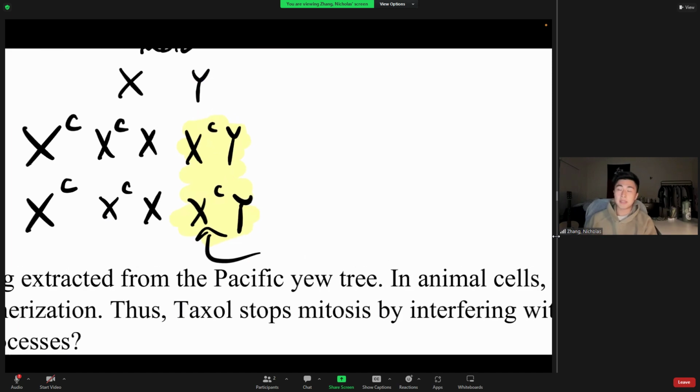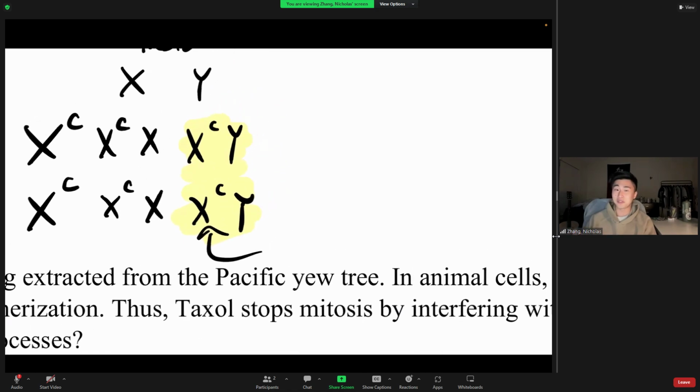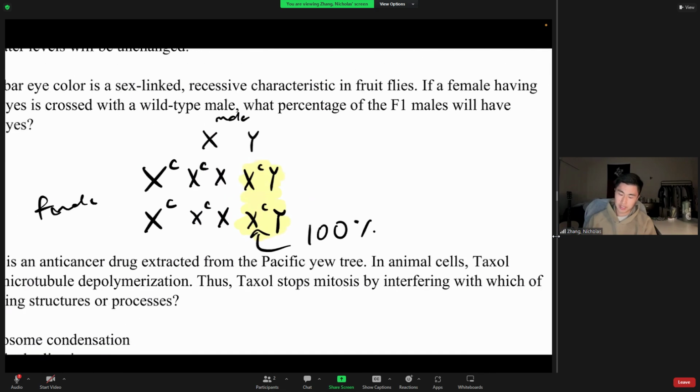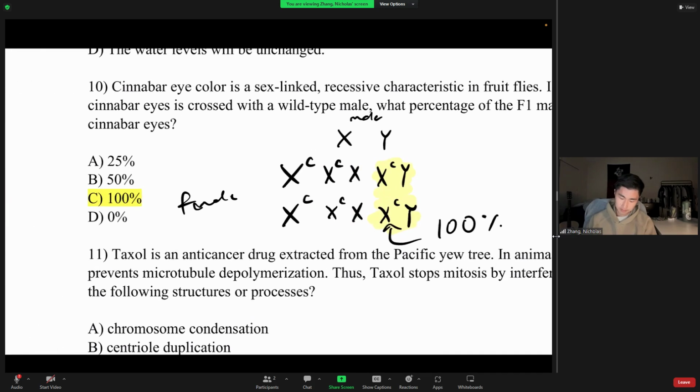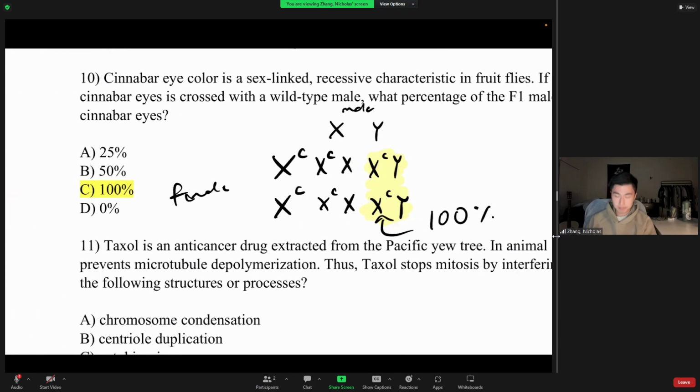That means that because males are hemizygous, I think that's the word for it, meaning they only have one X chromosome, whatever X chromosome copy they get, whether it's normal eye color or cinnabar eye color, that's just what they're going to be. So 100% of the males in this resulting generation are going to have that gene. That's what we see, the answer choice, 100%.